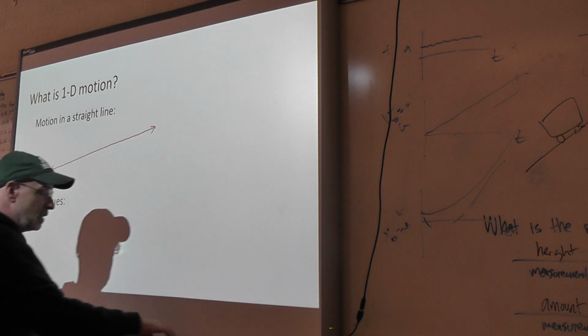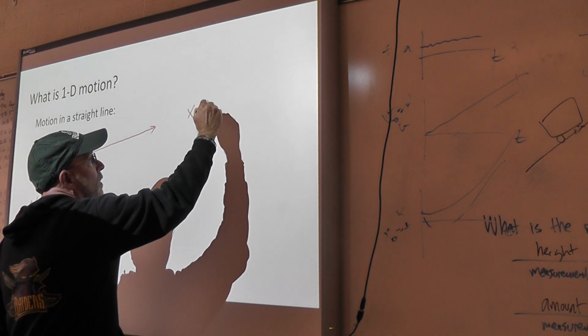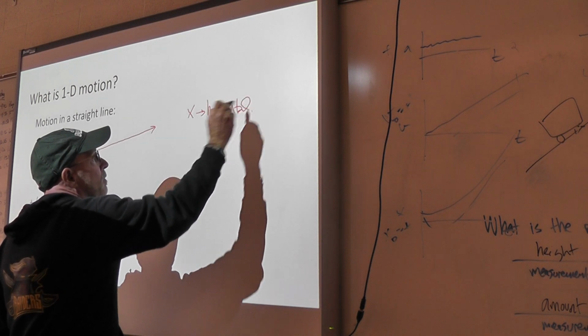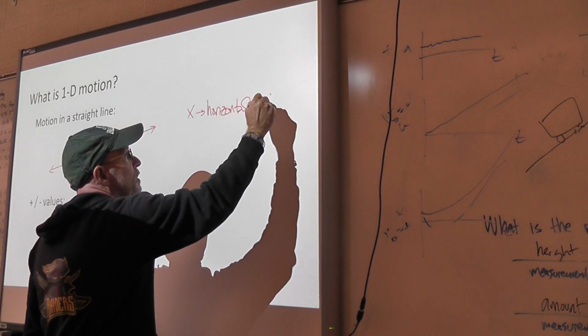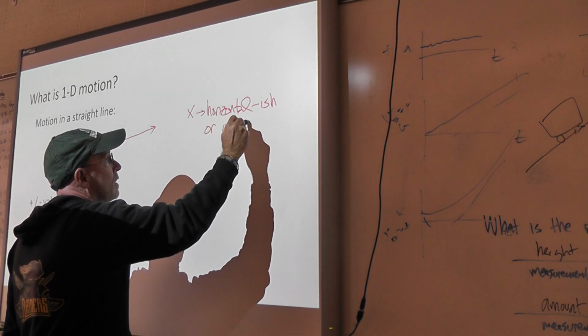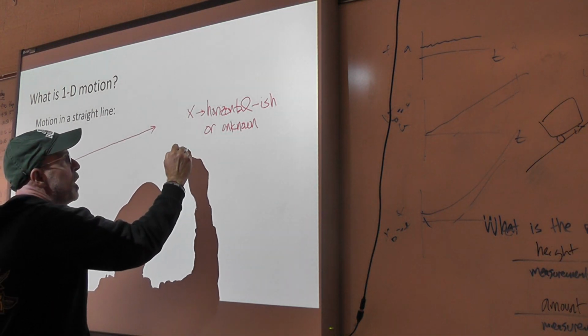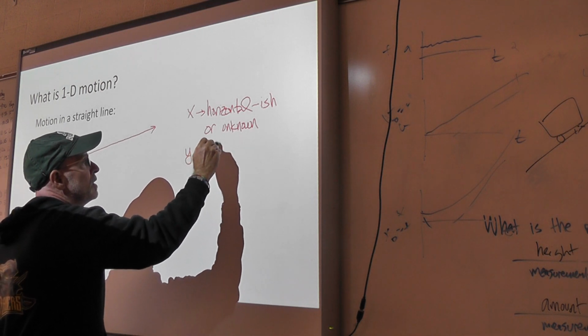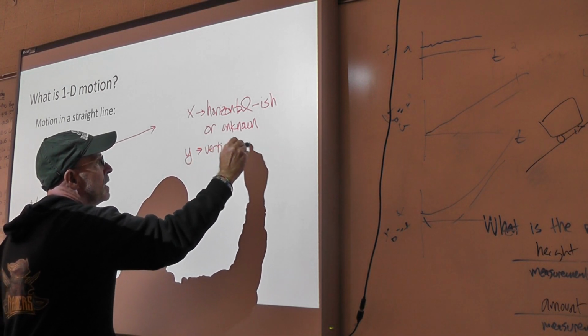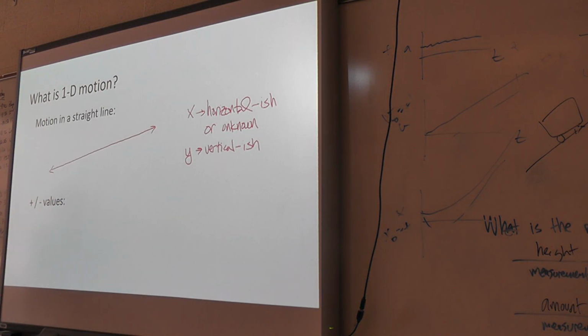And if we have a line that's sort of horizontal-ish, or we know for sure that it's horizontal, or we just don't know anything at all, then we call it X. And if we know that it's vertical or really close to vertical, then we will call it Y. Most of the time we just use X, because much of the time we don't know the linear orientation in space, we just know it's a straight line.